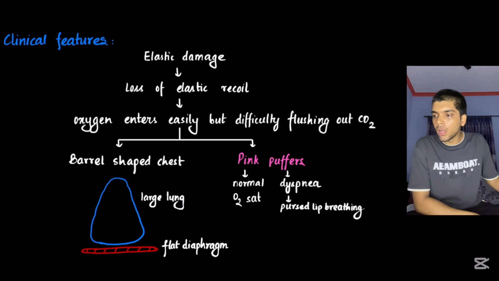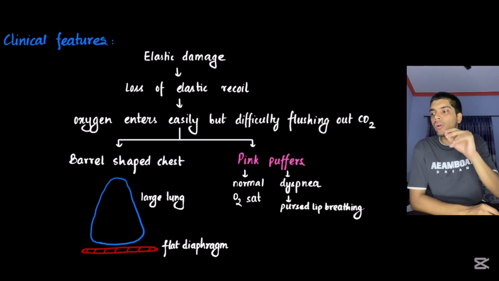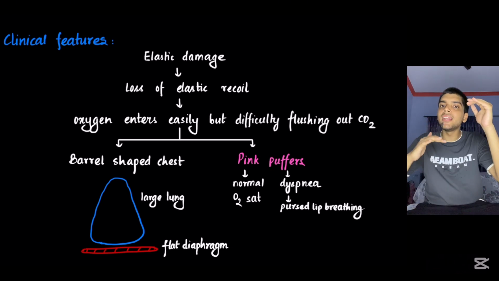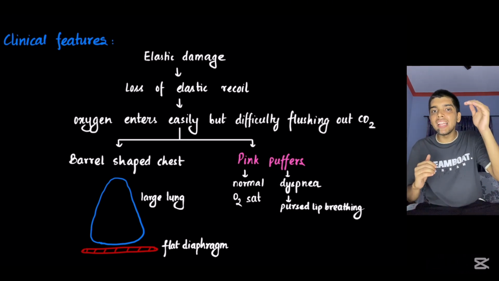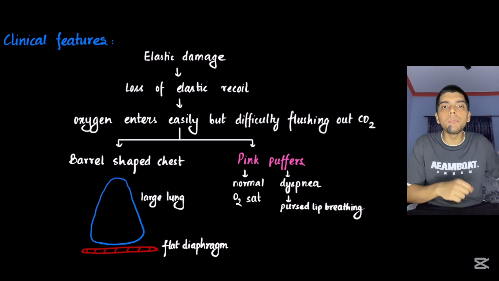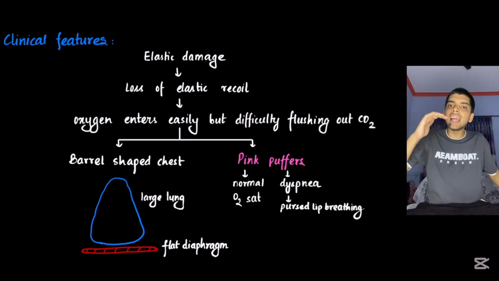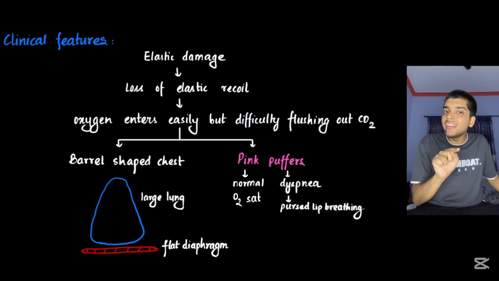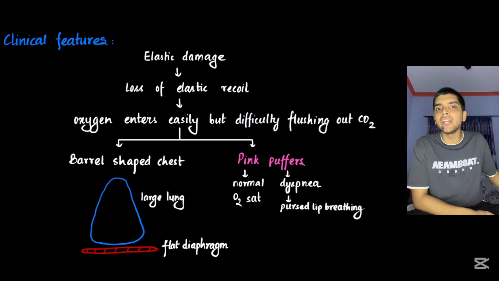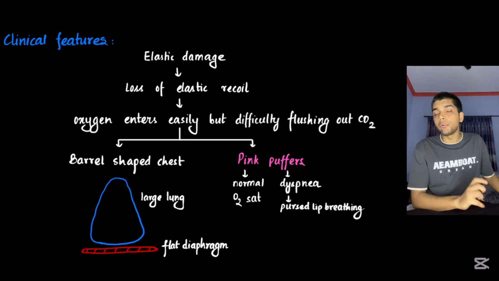And then what does smoking do? Smoking increases elastase as well as decreases the activity of alpha-1 antitrypsin. It increases elastase by 10 times, increasing the number of neutrophils. It decreases anti-elastase because the oxidants present in the smoke of the cigarette inhibit the activity of alpha-1 antitrypsin. What about genetics?